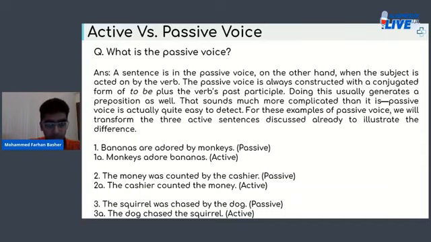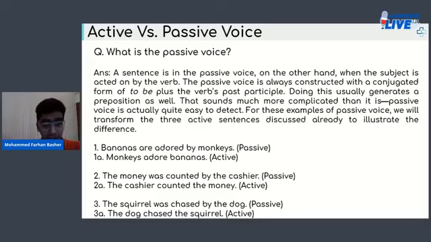We have this helping verb immediately followed by the past participle of the main verb. Since the sentence is in the simple present tense, we had monkeys adore bananas. Now you have to maintain the tense of the sentence and at the same time change it to the passive voice. So it becomes bananas are adored by monkeys.